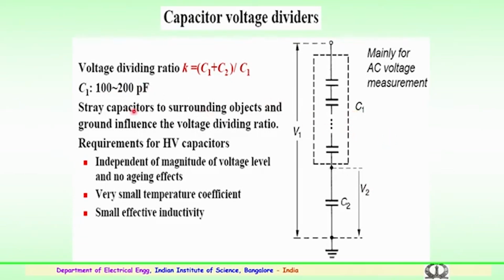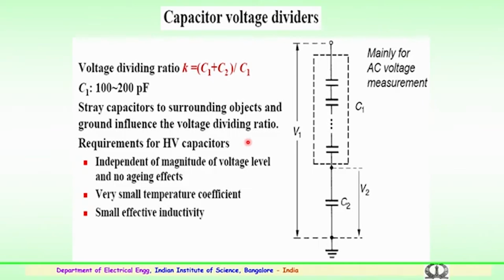For example, the stray capacitances to surrounding objects, that is near the objects, and the influence of the ground should be kept in mind for the voltage dividing ratio. The requirements for the high voltage capacitors are that it should be independent of the magnitude of voltage level, and over a period the aging of the capacitors should not happen.